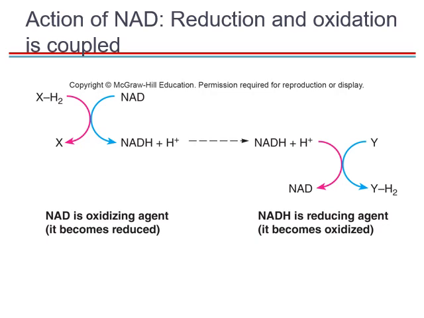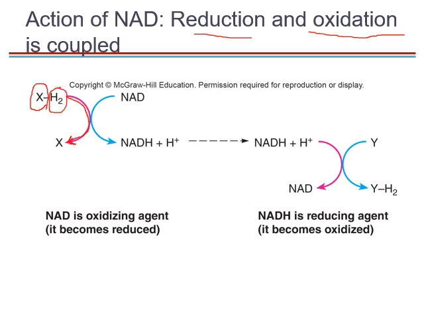So here's looking at how the coupling of reduction and oxidation reactions takes place. We have a molecule X, and X is going to donate or lose its electrons. Remember, those electrons usually come with hydrogen atoms.